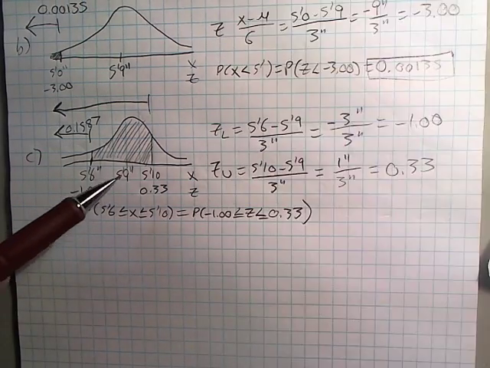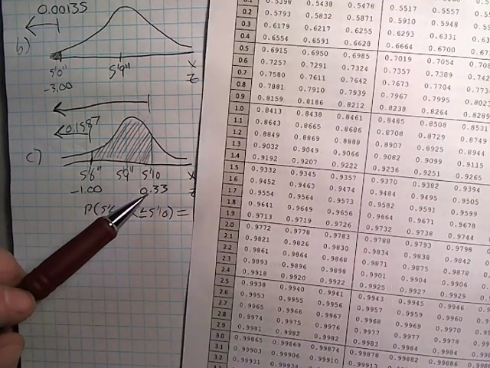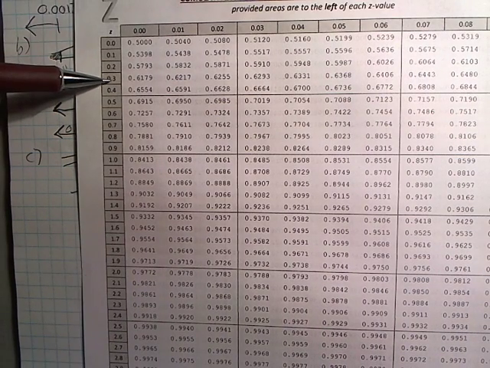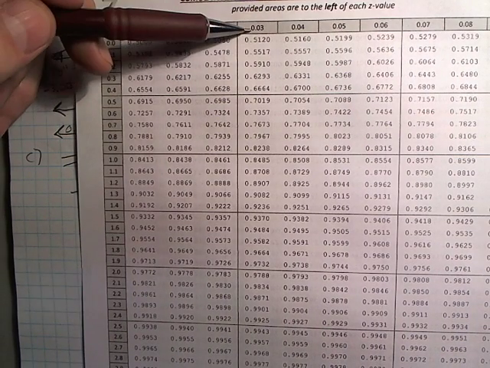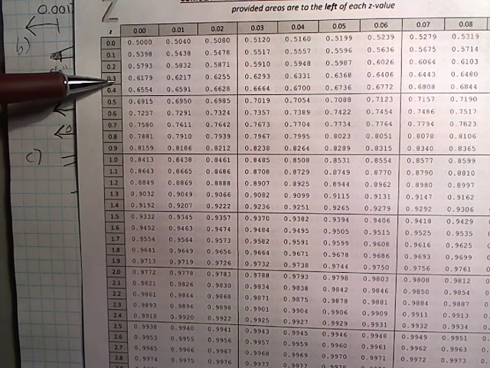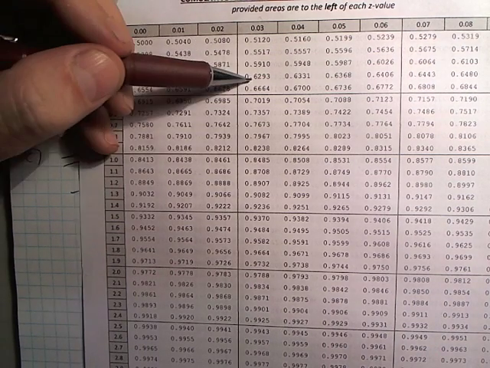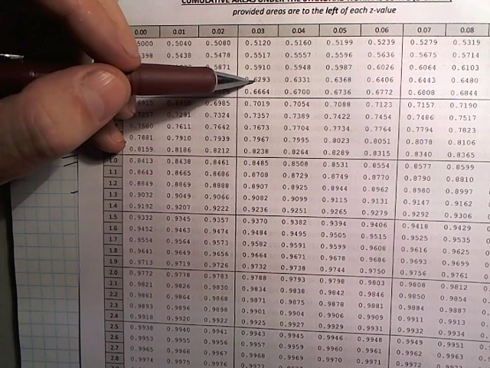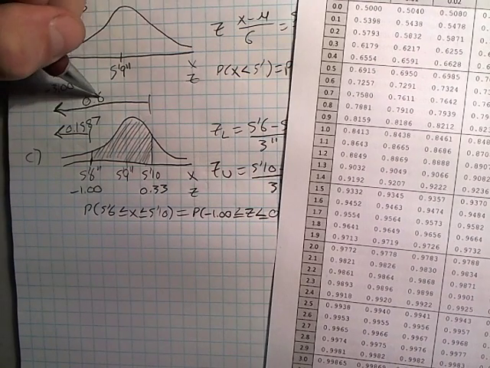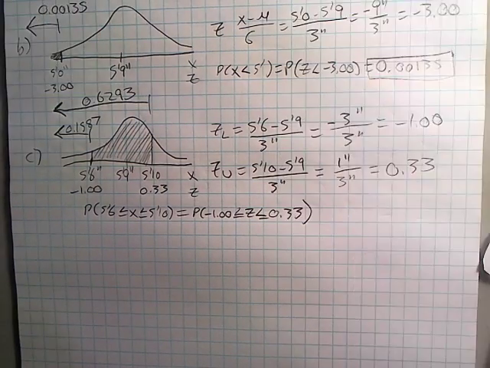And likewise, for positive 0.33, we'll go to the 0.3 row, the 0.03 column, adding those two together gives me 0.33, and the corresponding area to the left of 0.33 is 0.6293. So I'll jot that down here.